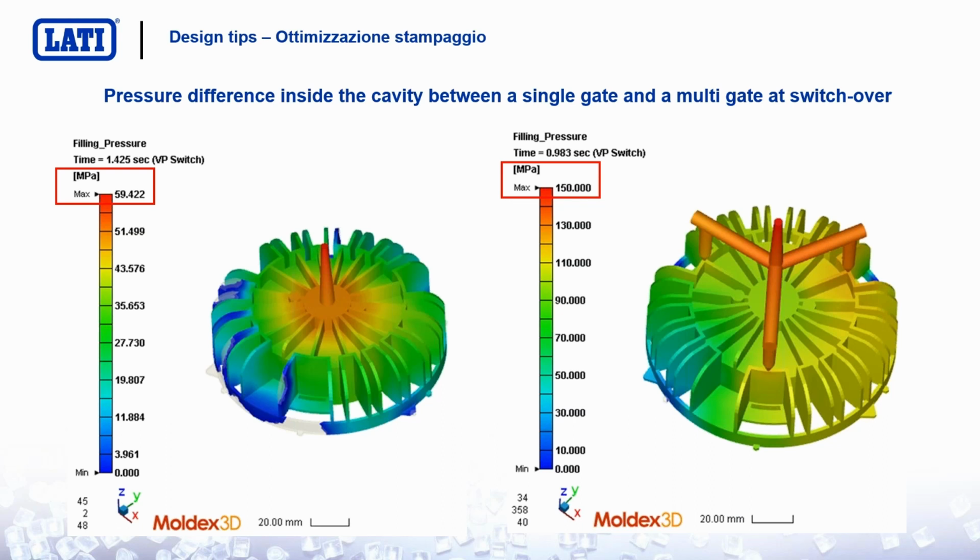This means that the pressure in the case of the multi-gate, which is almost 3 times the first case, will have a much better pressure transmission inside the cavity.